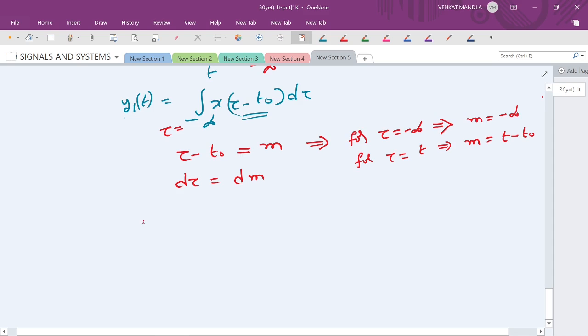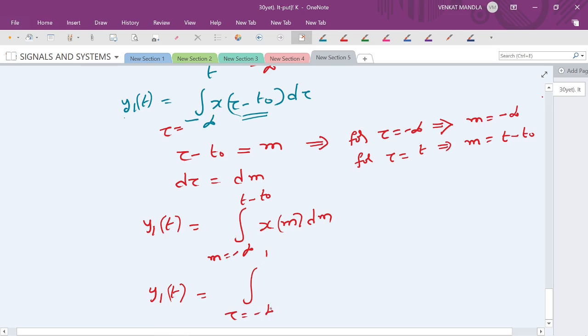So y1(t) equals the integral over m from minus infinity to t minus t naught, of x(m) dm. Now you can replace this m with tau again, since it is a dummy variable: the integral from minus infinity to t minus t naught of x(tau) d tau.